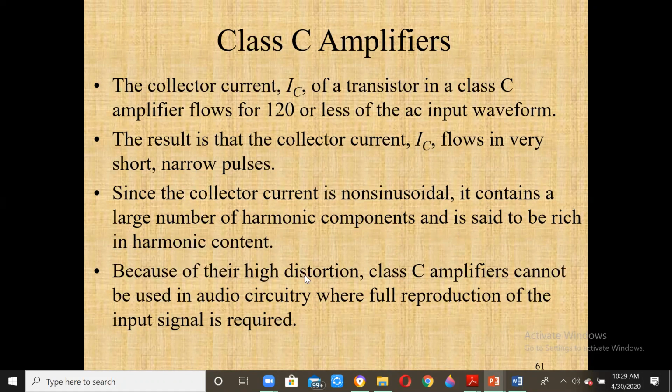Because of the high distortion, class C amplifiers are generally not used in audio circuitry where full reproduction of the input signal is required. We need full reproduction of the input signal in audio amplifiers. Hence class C is never used. It's only class AB which is generally used.